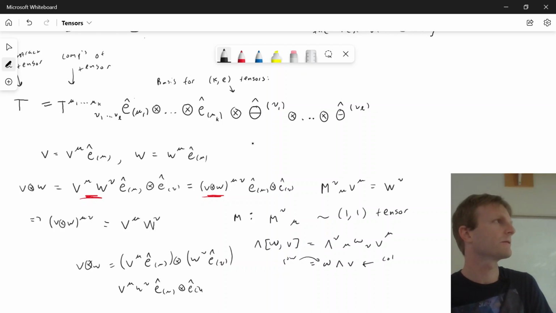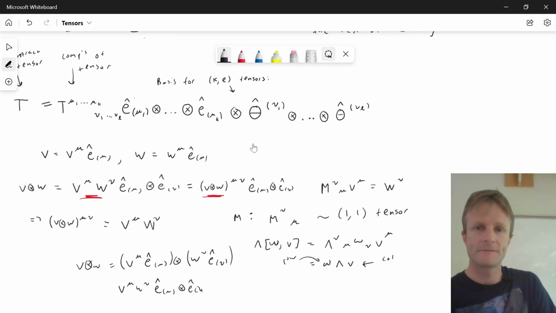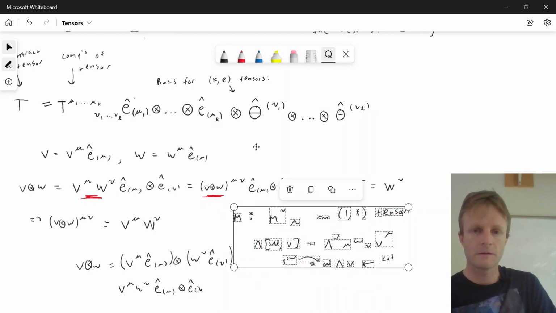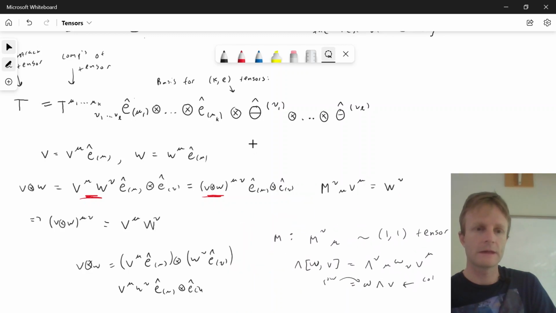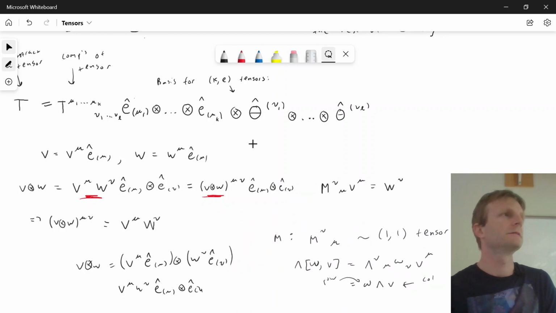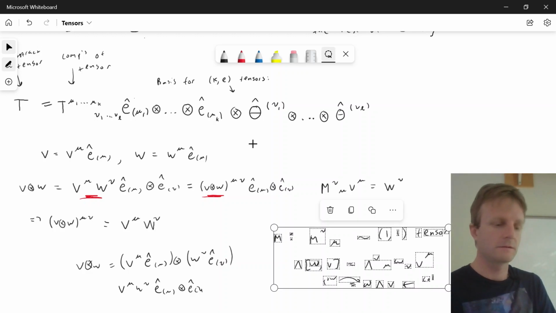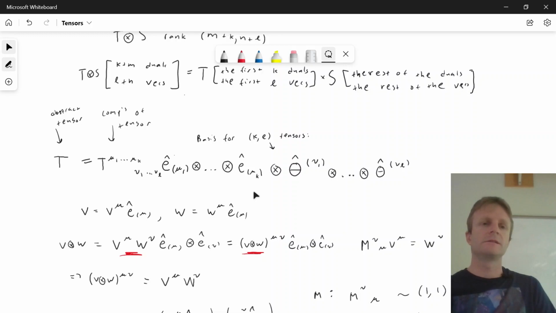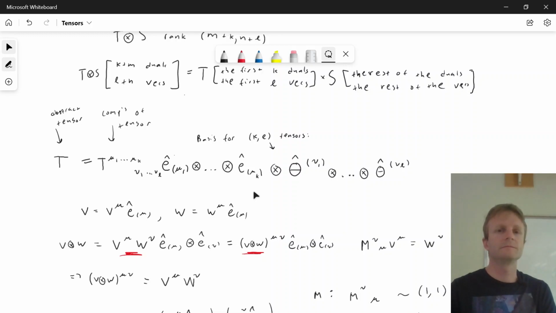Okay, other questions? Yep. In the definition of the tensor product, we wrote T tensor S, and it says something about the first K dual, and then the rest of the dual.